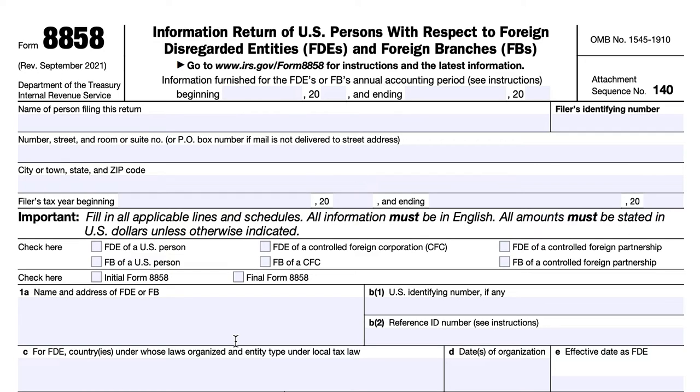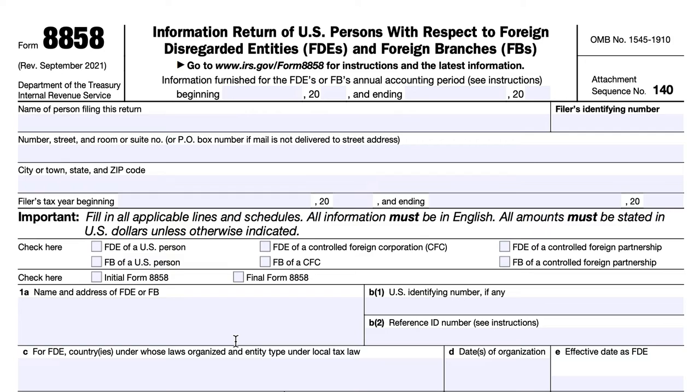The definition of a foreign disregarded entity is an entity that is not created or organized in the United States, that is disregarded as separate from its owner for U.S. income tax purposes. So if you think partnership or S corporation type tax treatment for a foreign entity, that's basically what an FDE is.